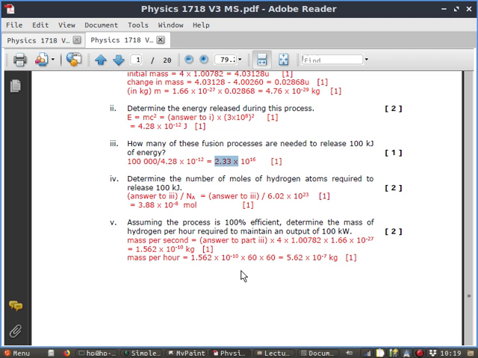Did they miscalculate? No. Oh, they multiply by the seconds. They don't use hour, they use second.